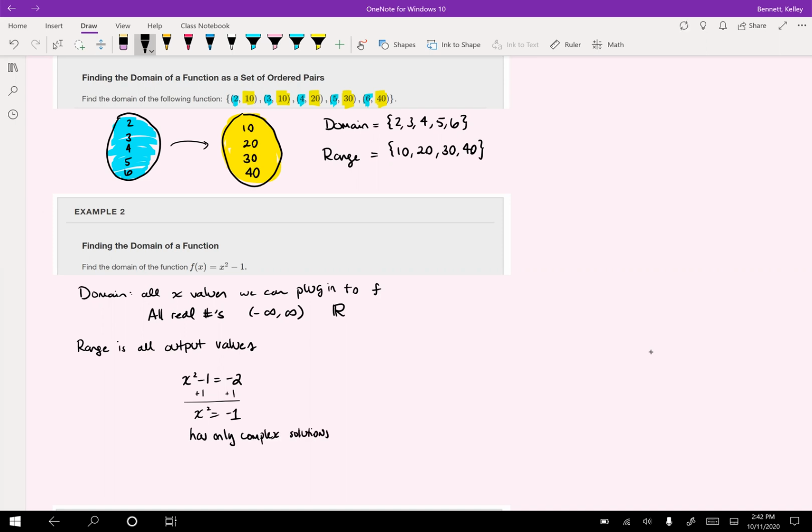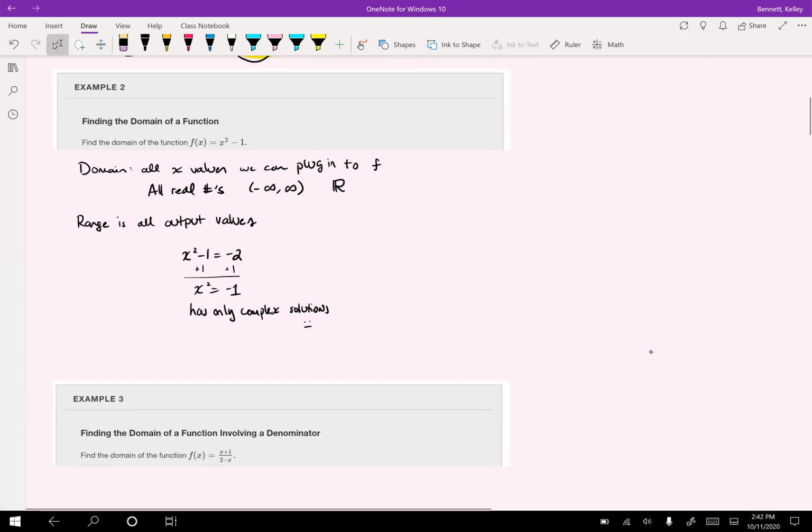So maybe we could look at a graph. Maybe that will help us tell what our range is. So the graph of this function is just an upward facing parabola that crosses the x-axis at 1 and -1. Its vertex is at -1, and we'll go over this in greater detail later on when we cover quadratic functions.